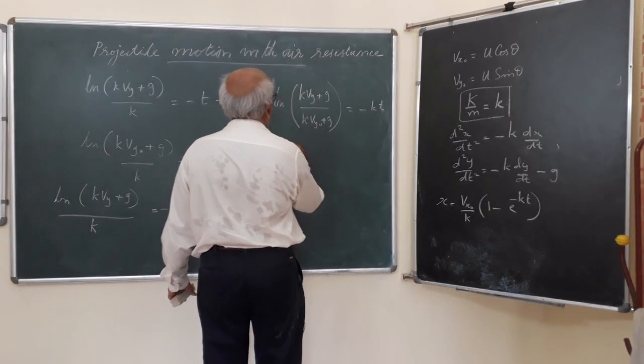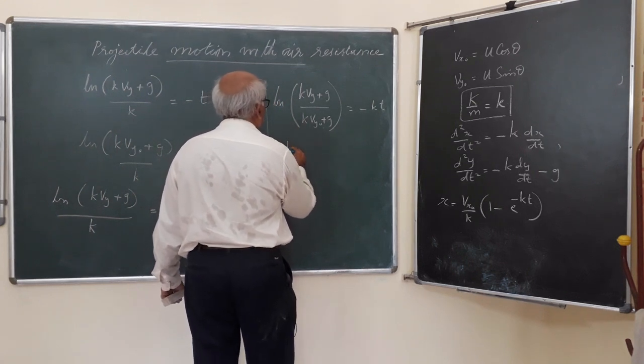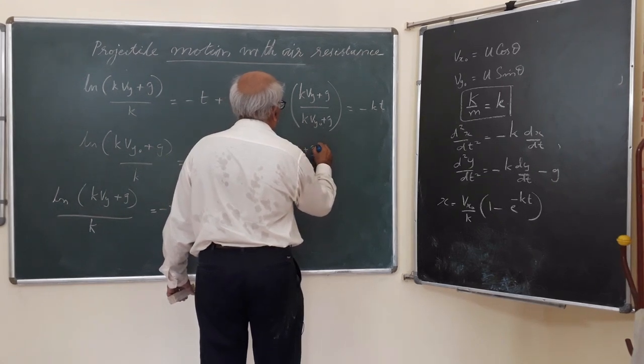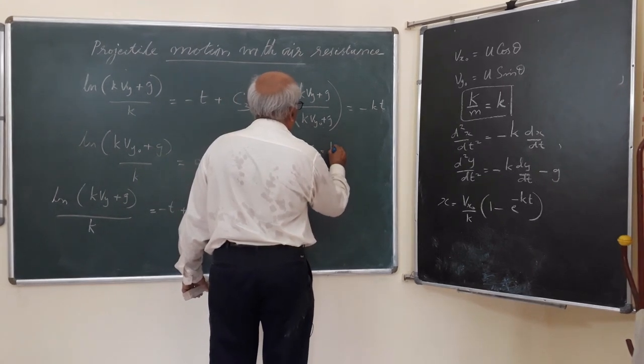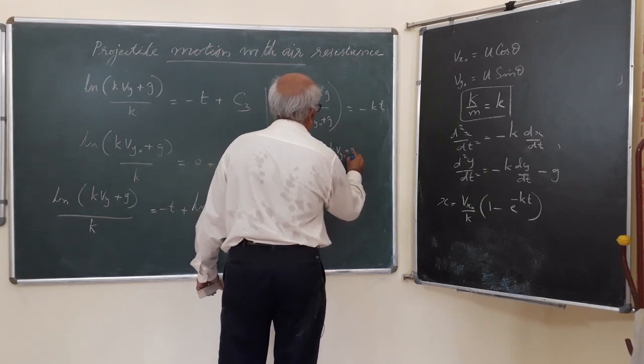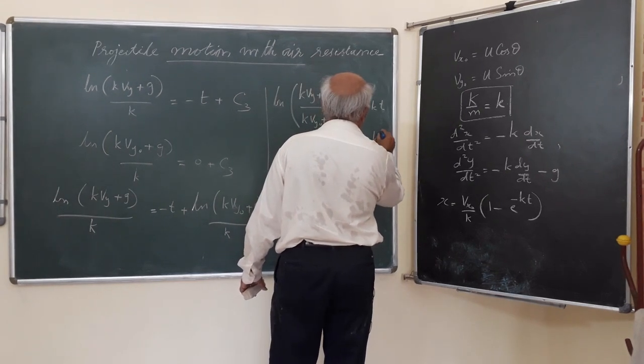Exponentiating both sides, kVy plus g is equal to kVy0 plus g times e raised to minus kt.